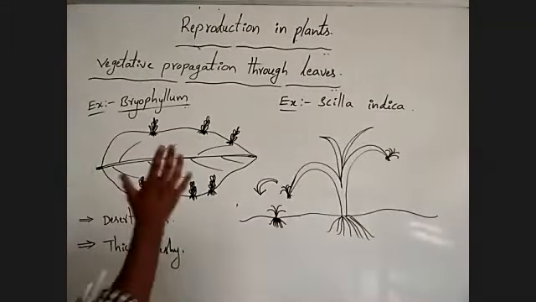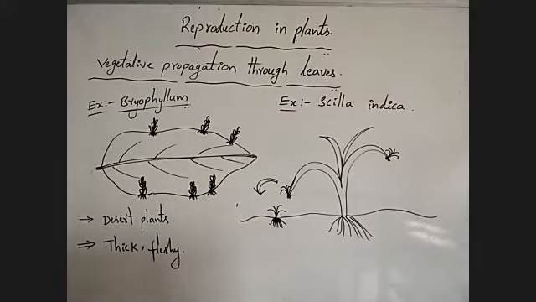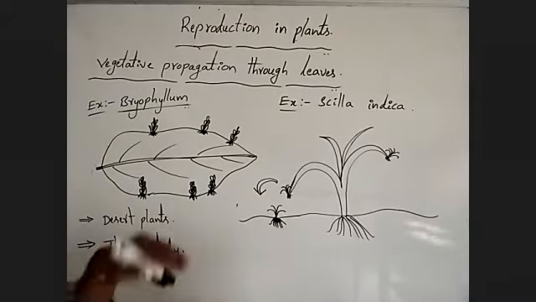Okay, this is also one type of vegetative reproduction through leaves. Observe, important.